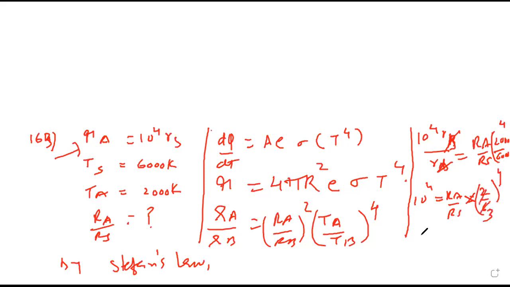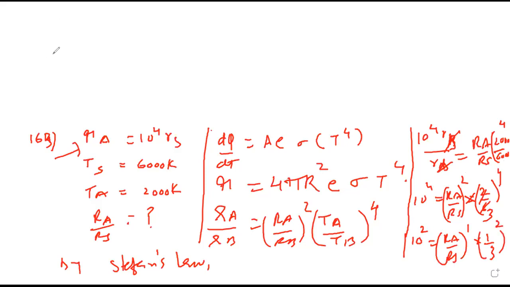2 threes are 6. So taking the square root on both sides, this becomes 10 raised to 2 equals RA upon RS raised to 1, and this is 1 by 3 raised to 2. I have taken the square root: 4 becomes 2, 2 becomes 1.